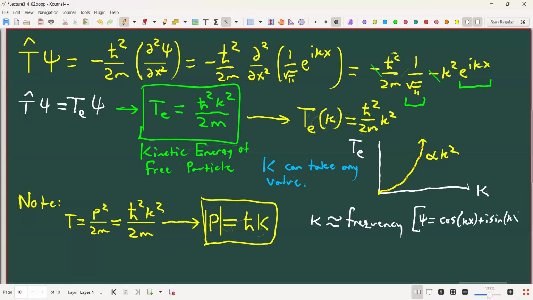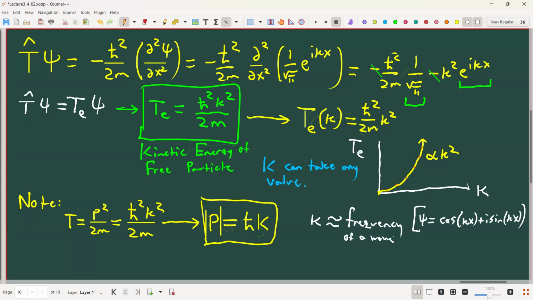So k is like a frequency of a wave. It's how fast the wave is oscillating. The faster the wave is oscillating, the shorter its wavelength, or the higher its energy, the higher k is.